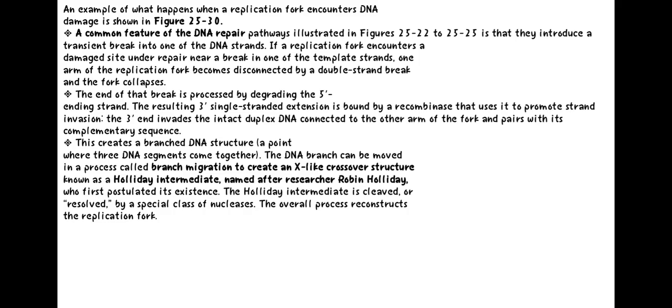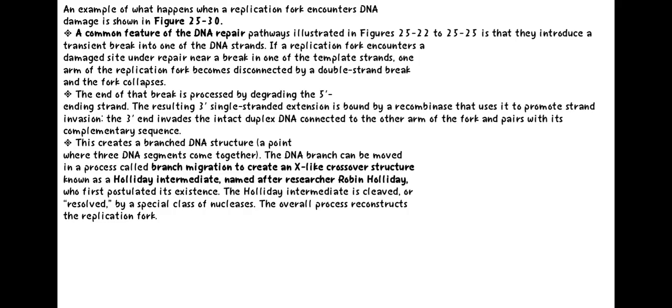The end of the break is processed by degrading the 5' ending strand. The resulting 3' single-stranded extension is bound by a recombinase that uses it to promote strand invasion. The 3' end invades the intact duplex DNA connected to the other arm of the fork and pairs with its complementary sequence.